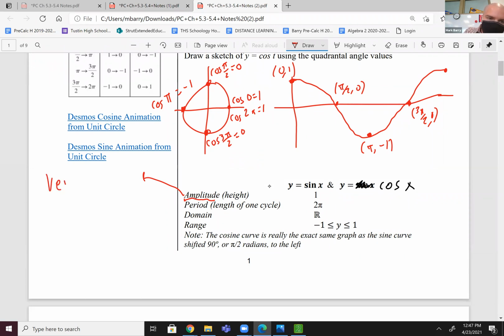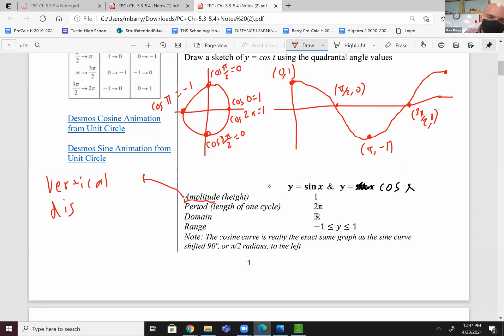So I'm going to say amplitude is the vertical distance from midpoint to high point. The vertical distance from midpoint to high point. I like that definition a little bit better.